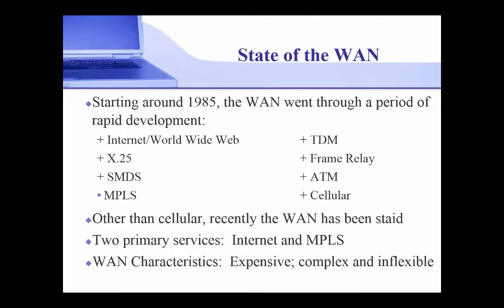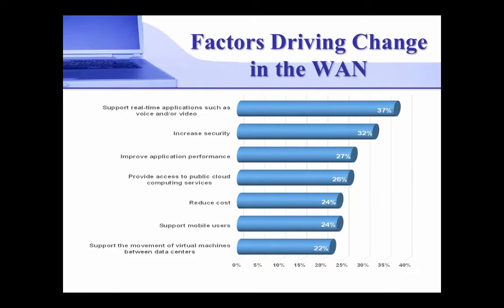So we really have two primary services, the Internet and MPLS today. And when I think of the characteristics of WAN services, I think of them being expensive, complex, and inflexible. Now, in my presentation today, I'm going to present 4 or 5 slides of some recent market research. This is based on a survey I gave to a couple of hundred IT professionals.